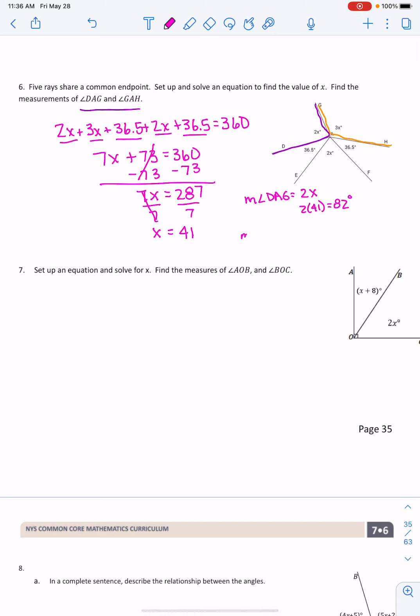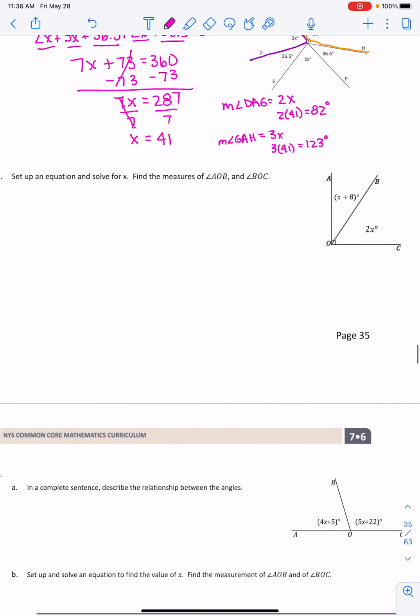And then the measurement of angle GAH, which is 3x, which is 3 times 41, or 123 degrees. Okay?